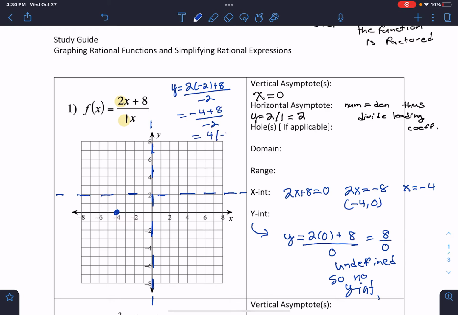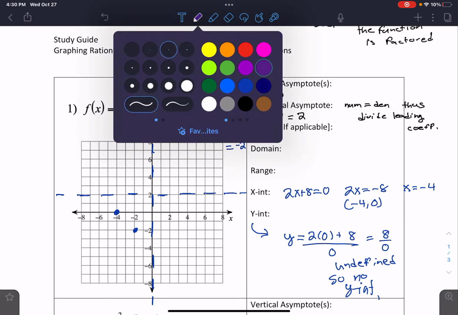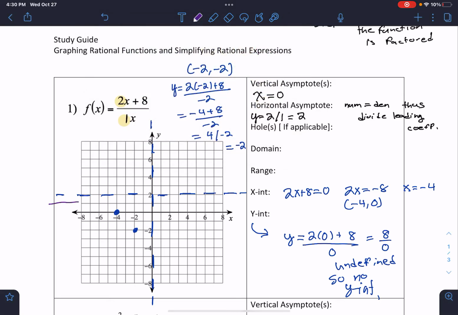I am guilty of it also, but we're going to get it together. So negative 2 is on my graph, which is right over here. I could have guessed that the graph was going this direction, but I just really wanted to make sure that everything lined up the way that I expected. And look at that. We have a nice graph on my left side.